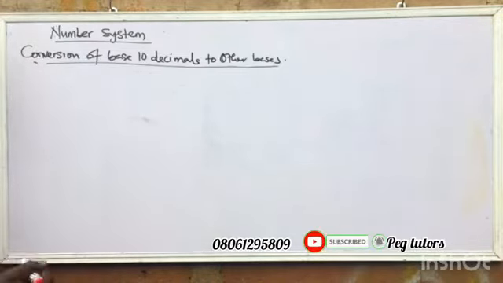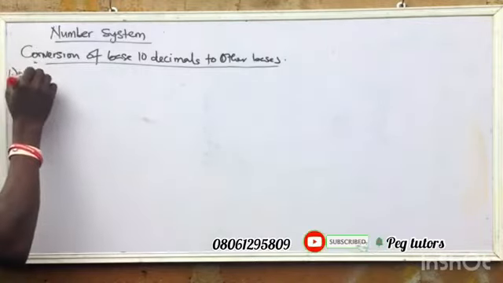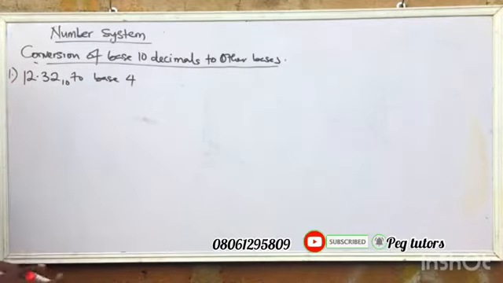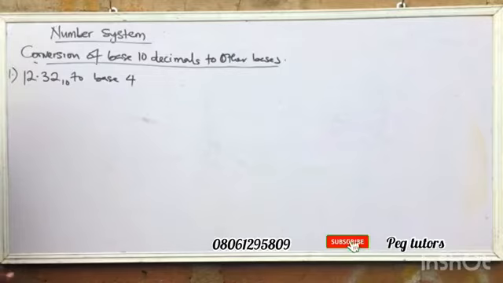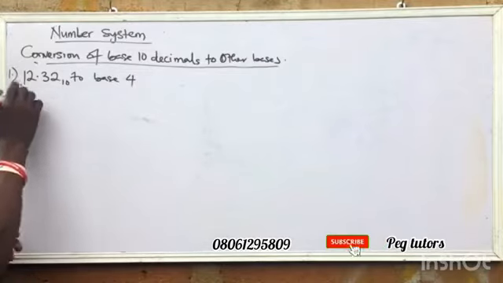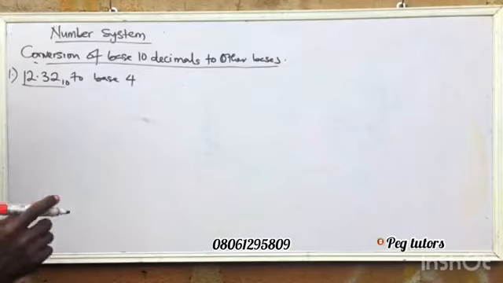So for example, let's say you were asked to convert 12.32 base 10 to base 4. How do we do this? We have already done how to convert from base 10 to other bases, and it applies here. Now this value is a decimal number, and decimal numbers always have two parts: the whole number part and the decimal part.